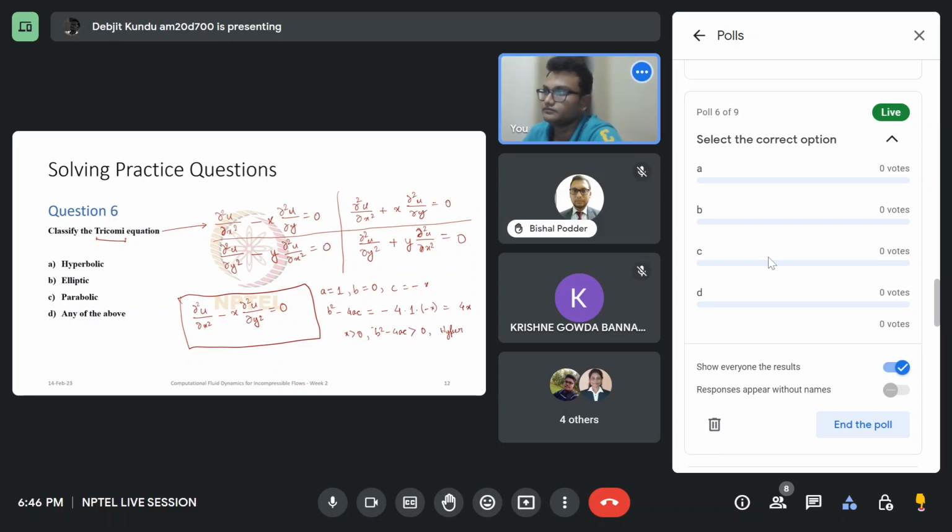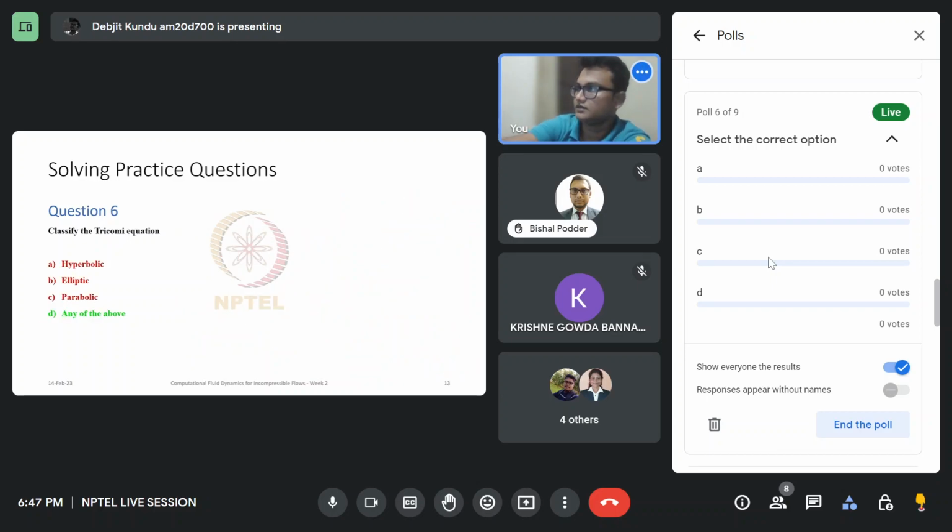If x is equal to 0, then this is equal to 0, and this is parabolic. If x is less than 0, then this becomes less than 0 and it's elliptic. So in this case it could be any of the three, so option D should be the correct answer. If you look at the correct answer, it is indeed option D.